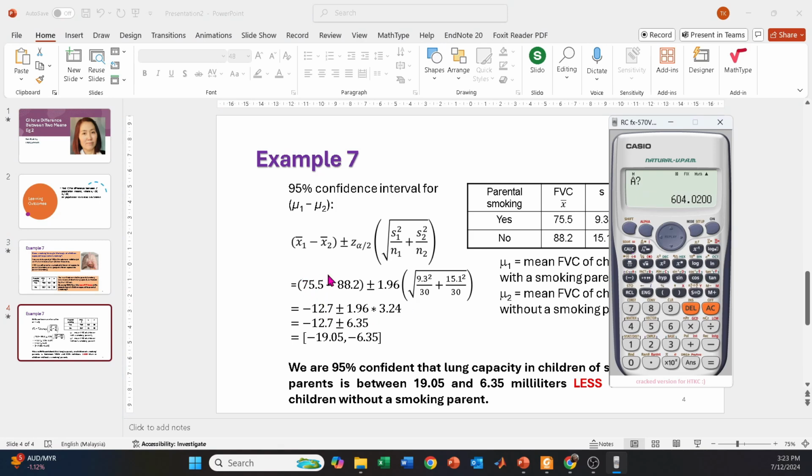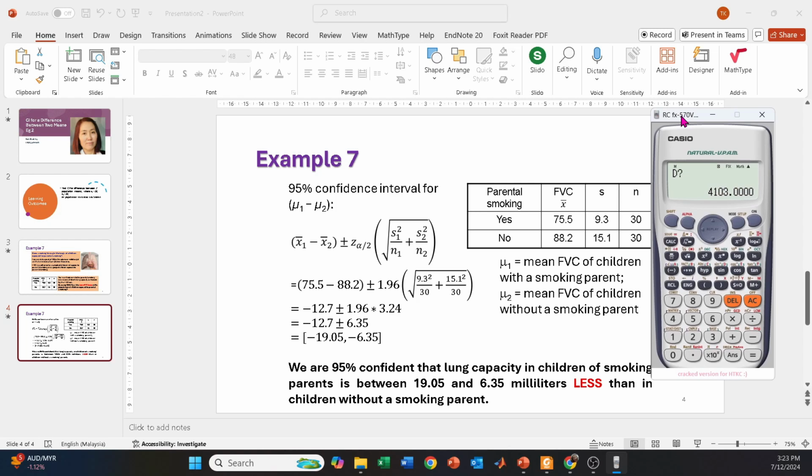Now A is the sample mean 1, 75.5. B is the sample mean for population 2, 88.2. C is Z alpha over 2, 1.96. D is the variance for sample 1, which is 9.3.